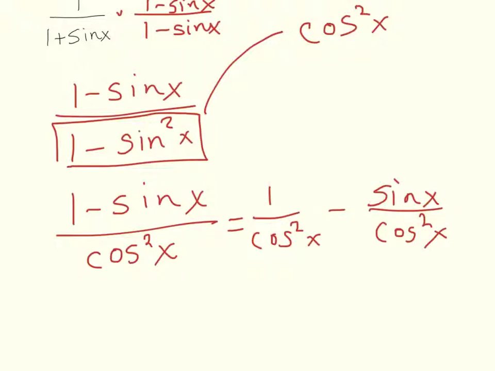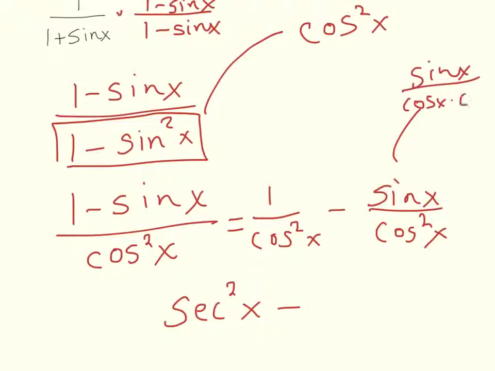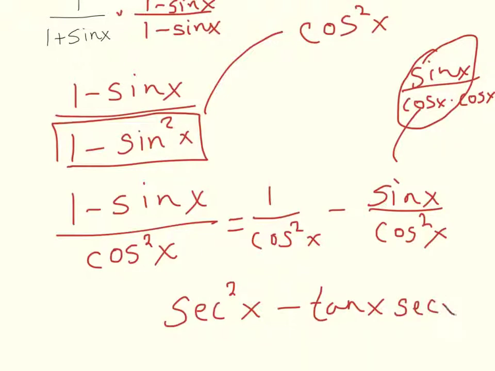Now this allows us to simplify it into a non-fractional expression, in that 1 over cosine squared of x is secant squared of x, and sine over cosine squared, well, if we look at this as sine x divided by cosine x times cosine of x, this right here we know is tangent of x, and then we're left with 1 over cosine of x, which is secant of x.